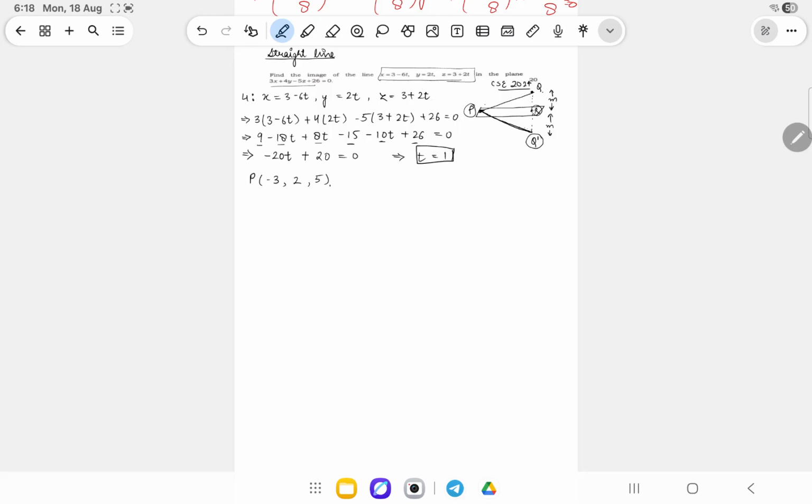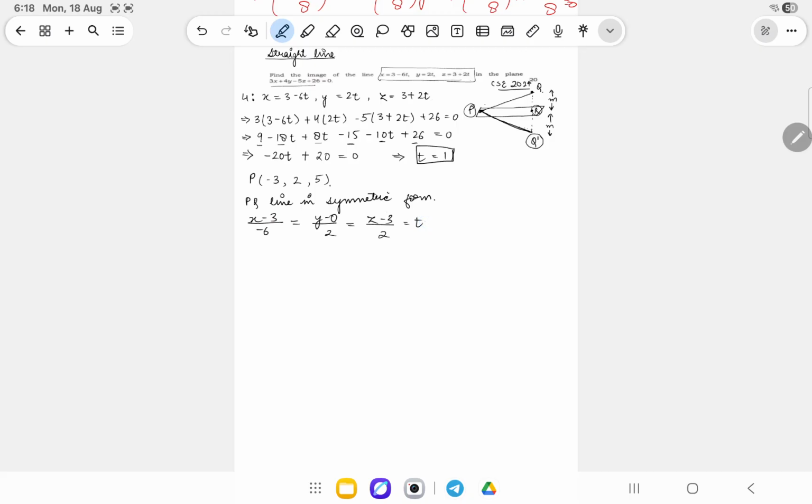Now let us find the foot of perpendicular from point Q. If I write the given line PQ in symmetric form, I'll get x minus 3 upon minus 6 equals y minus 0 upon 2 equals z minus 3 upon 2 equals t. So this is my PQ line in symmetric form.